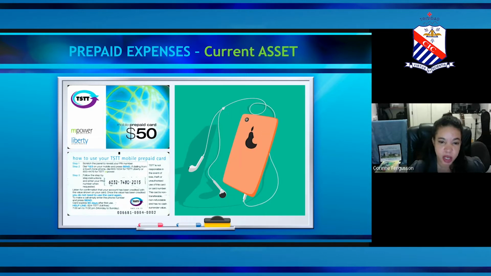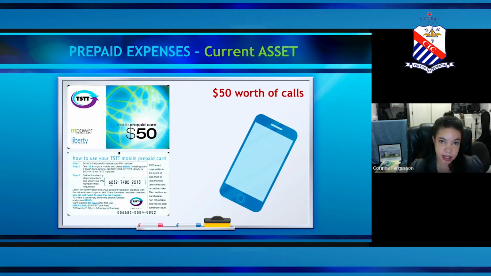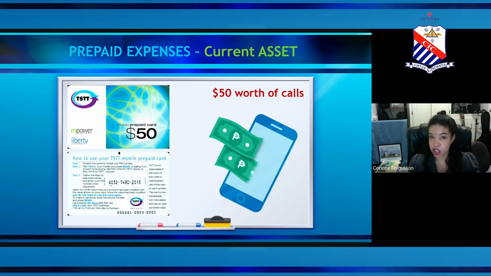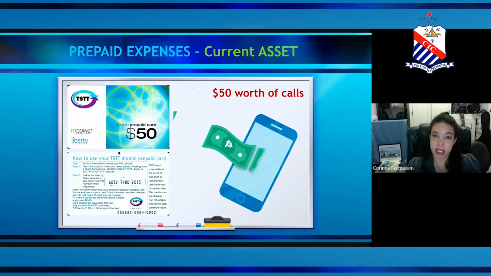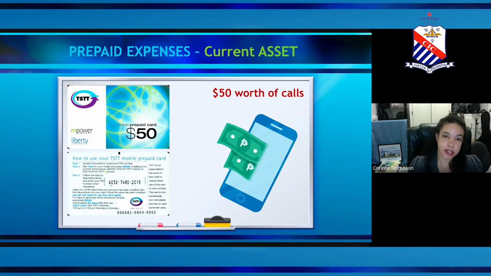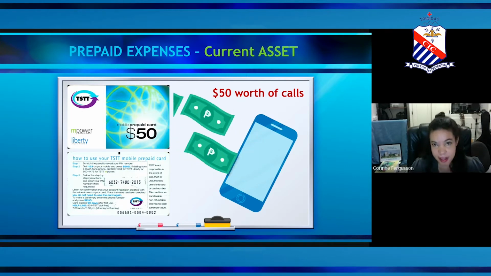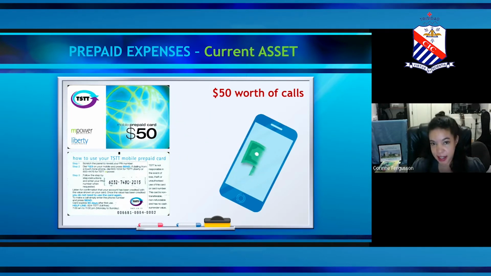In our example, we have it as $50. That means you now have $50 worth of calls. But you paid your money already, for a certain amount of service. But have you received that service as yet? Or have you incurred that service as yet?